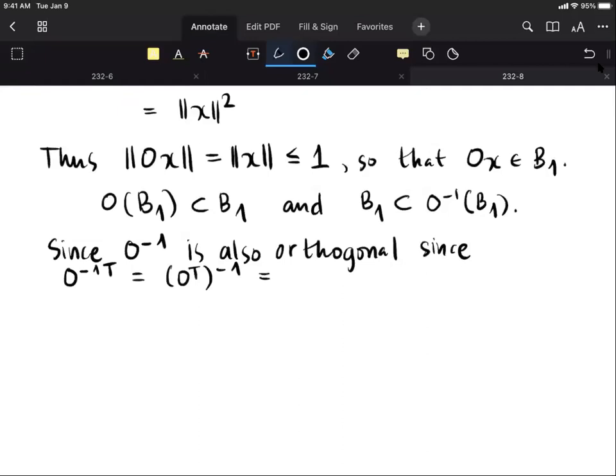Since O is orthogonal, the transpose of O is the inverse of O, and this is equal to this one. So therefore, the transpose of O inverse is the inverse of itself. Hence, O inverse is also orthogonal.